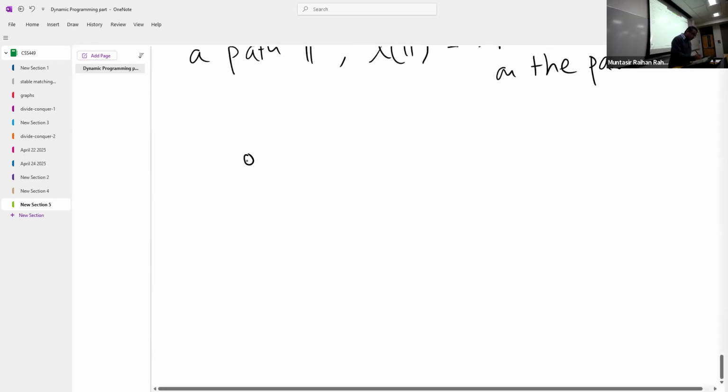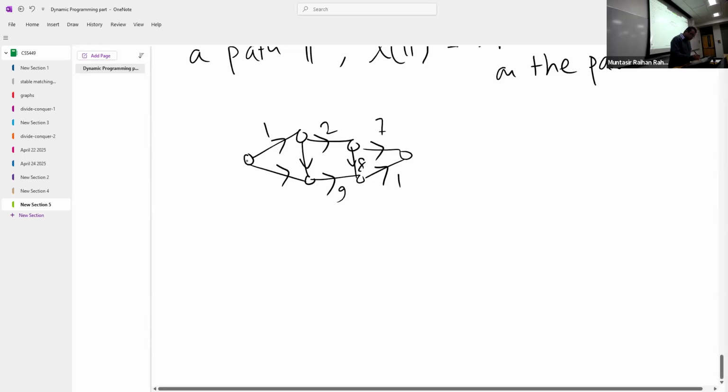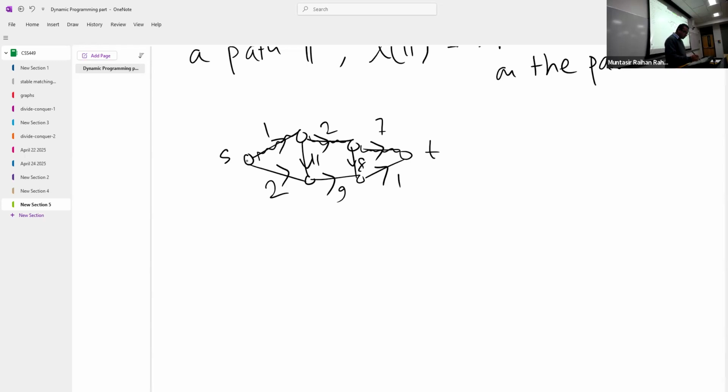Just to give a simple example, something like this. This is S and T. If I consider this path, let's call this path pi, then what is the cost?